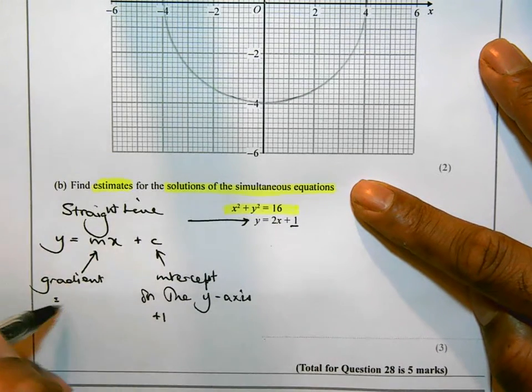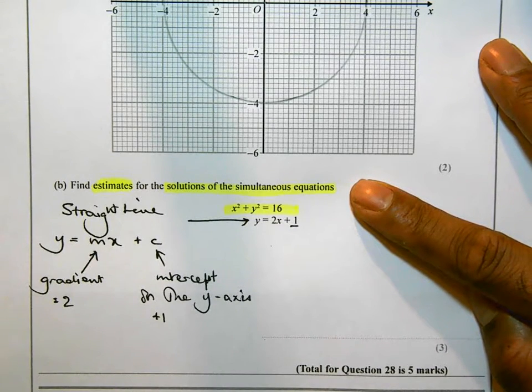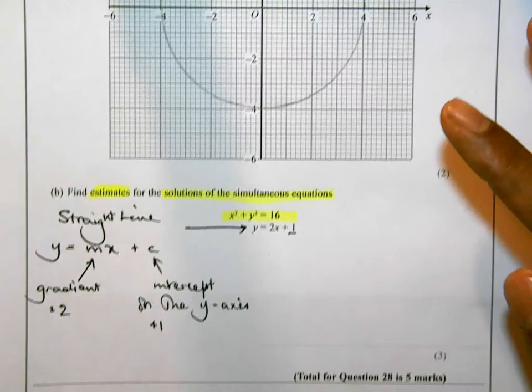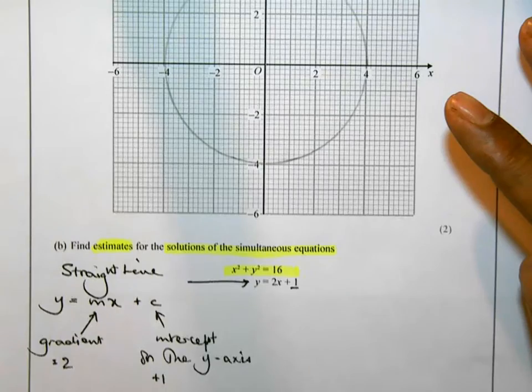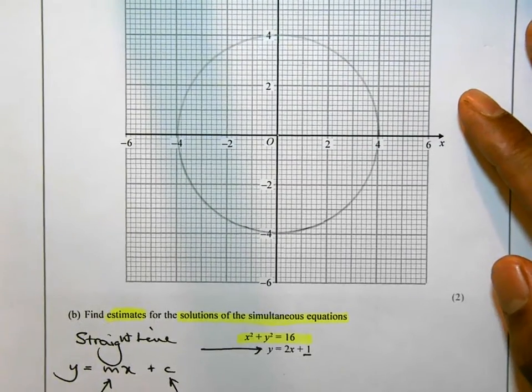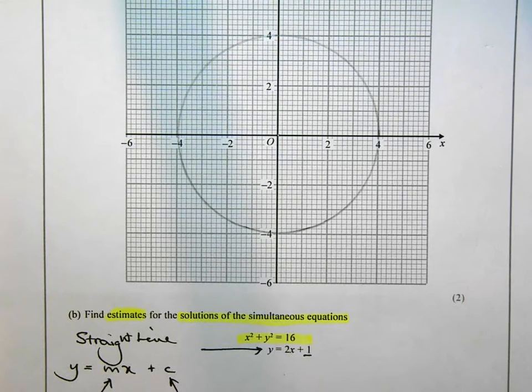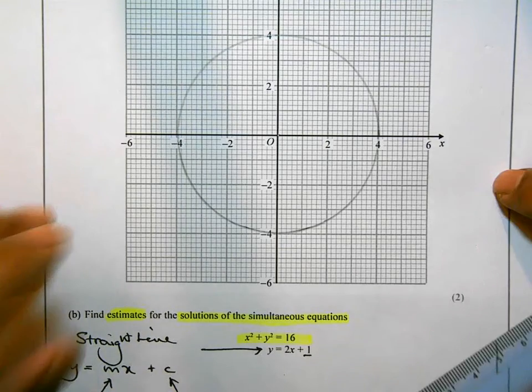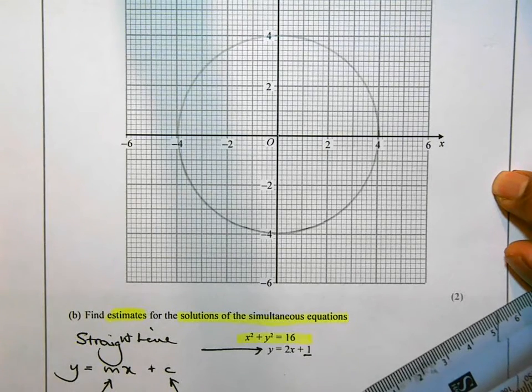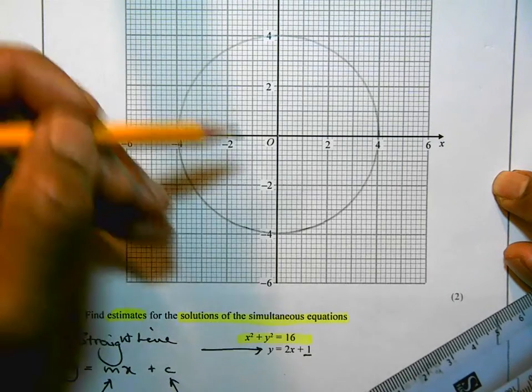That means for every 1 unit you go across, you need to go up 2. So I'm going to use that to draw my graph. In fact, that is exactly what you need to do in order to draw the graph of that straight line. We're going to see where the straight line cuts the circle, and we'll use those points to give our answers. So first of all, I know that the intercept is 1.